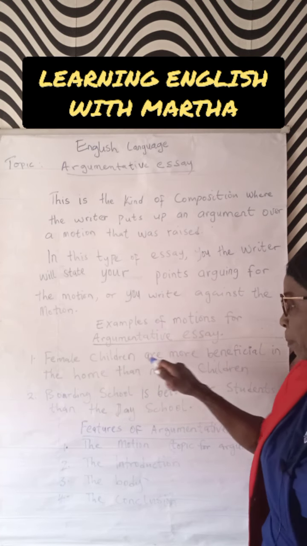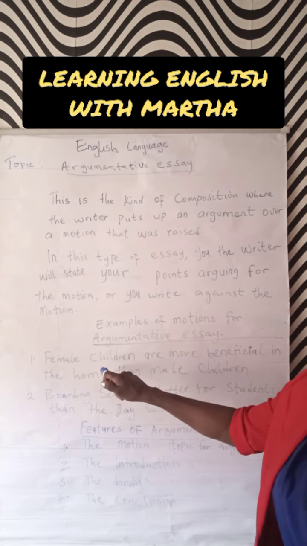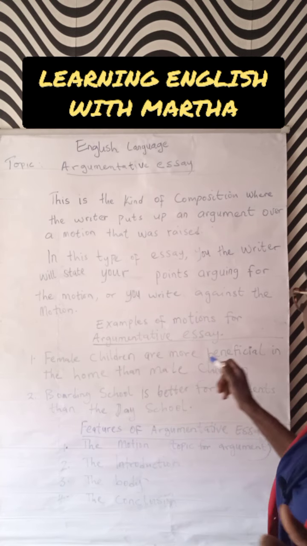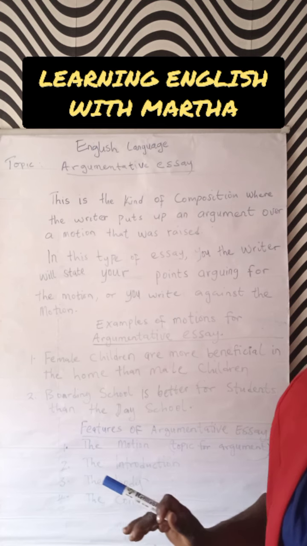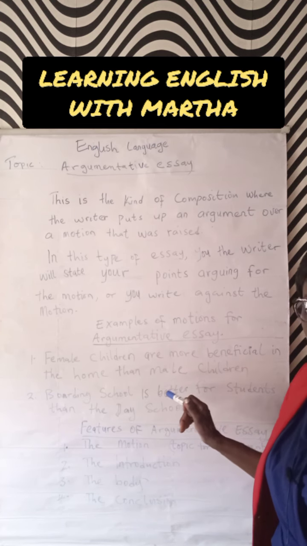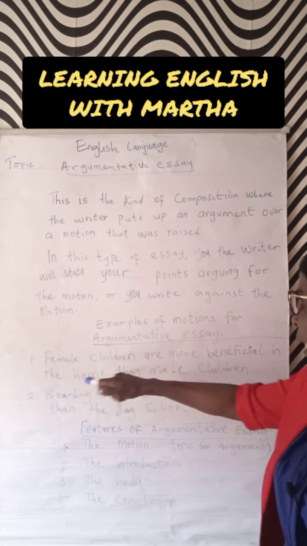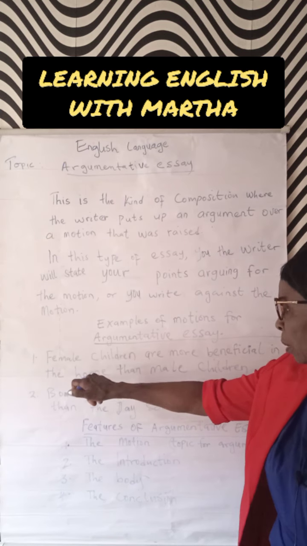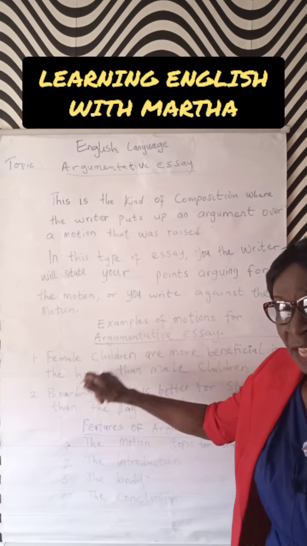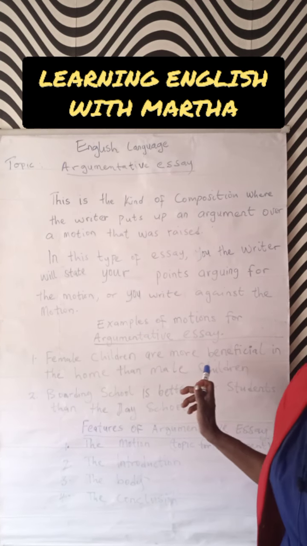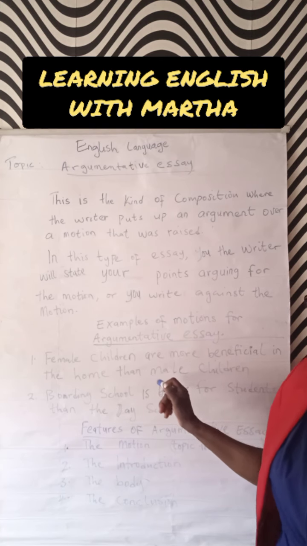When you write in support, that means you are accepting that female children are more beneficial in a home than the male children. Then if you don't support this motion, that means you write against it, saying that male children are more beneficial in a home than female children.